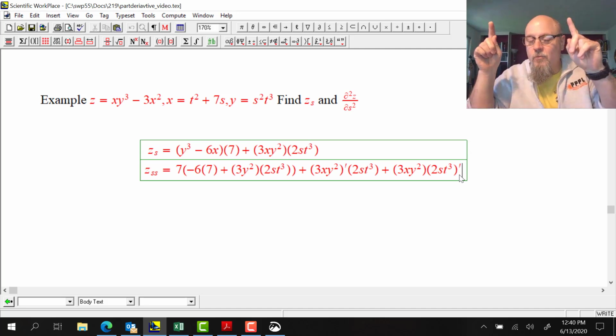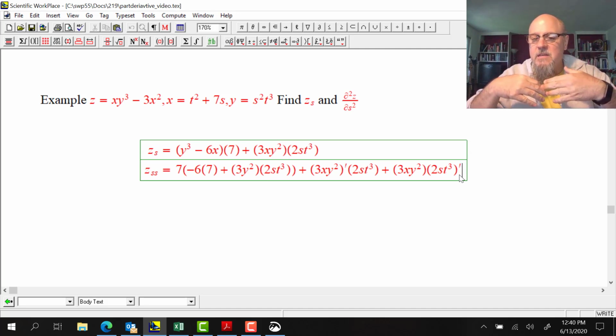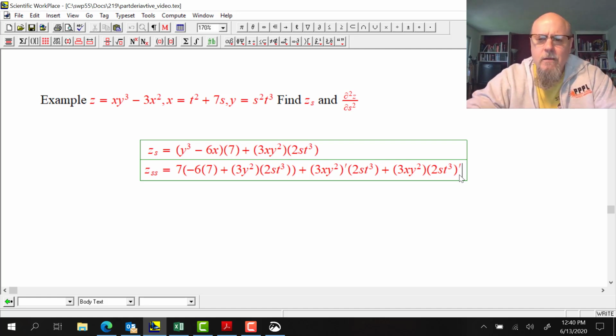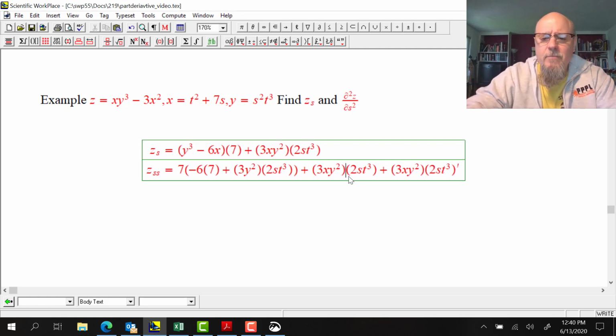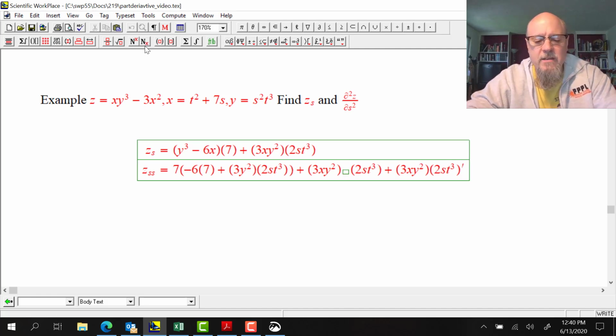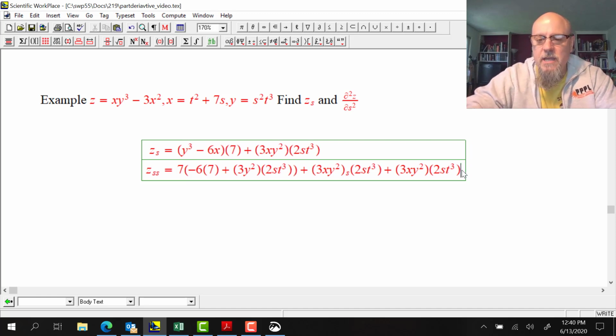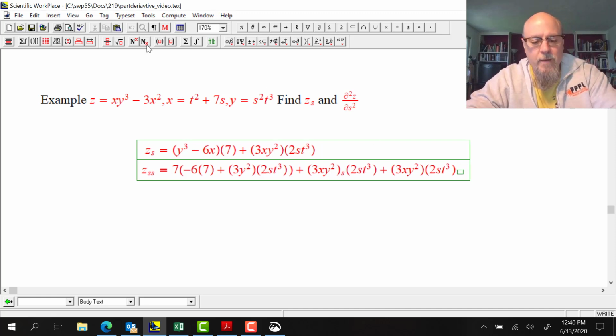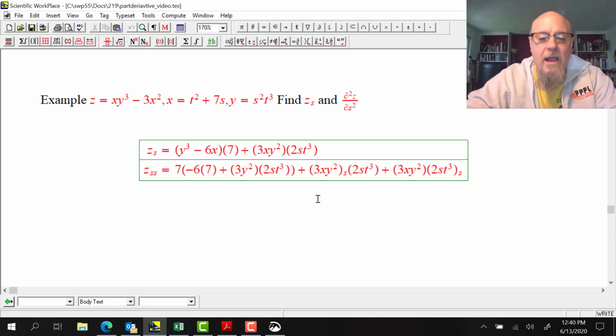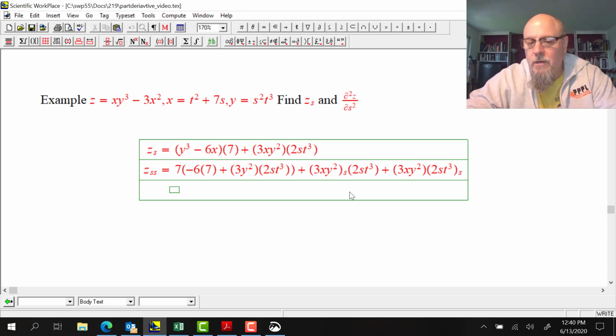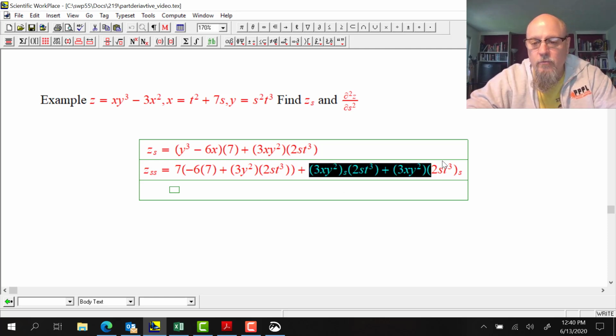Those primes right now, to me, mean differentiate. I don't like that notation, because it's going to be partial derivatives. So instead of making them primes, I've got to differentiate that with respect to s. Leave this alone. I've got to differentiate the second bracket with respect to s. That's easy. That's more accurate. So now let's complete these pieces. So this is product rule on this piece here.